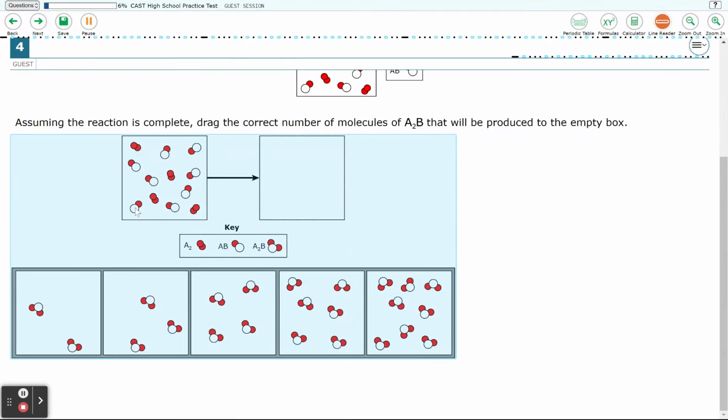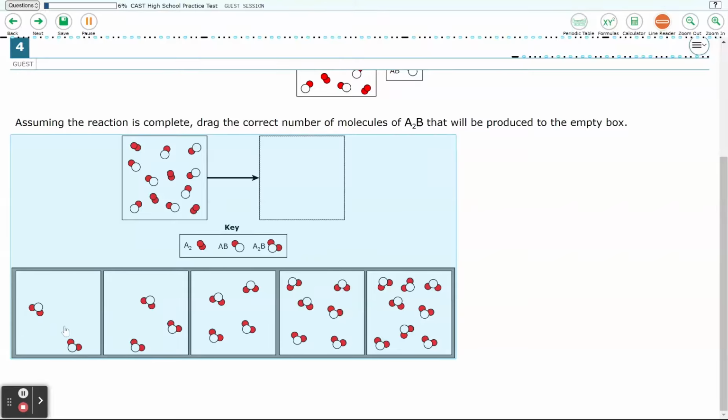Since we start with 8 of the B atoms and 16 of the A atoms, none of those atoms can disappear. They can only rearrange. So we have to pick one that has 8 B's and 16 A's.